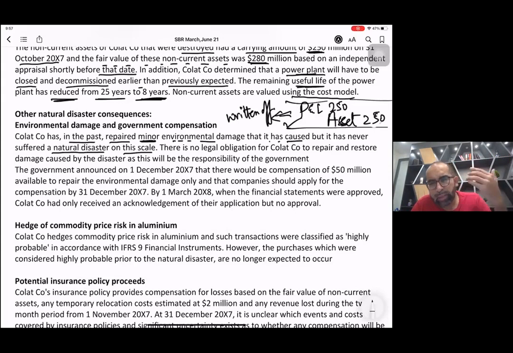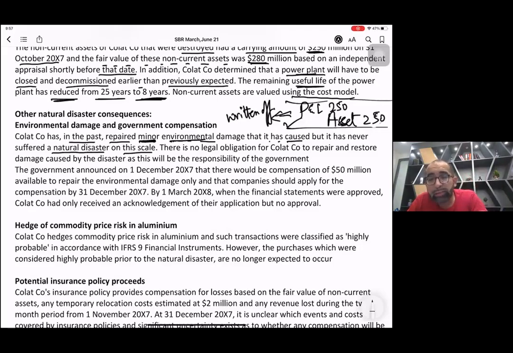In the past we repaired minor environmental damages. This minor damage can't create a valid expectation. I'm talking about constructive obligation, I'm sure you guys know this.